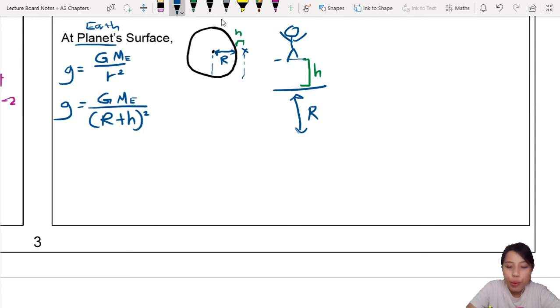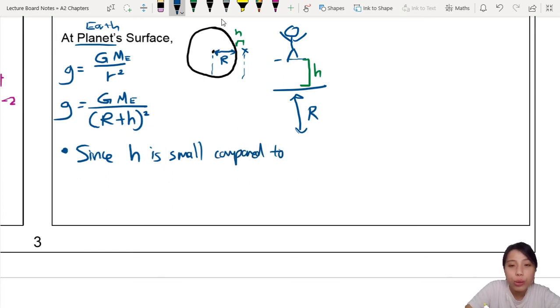And then we are going to do some simplification. Since near the Earth's surface, H is very, very small compared to R, we are going to do some shortcuts.